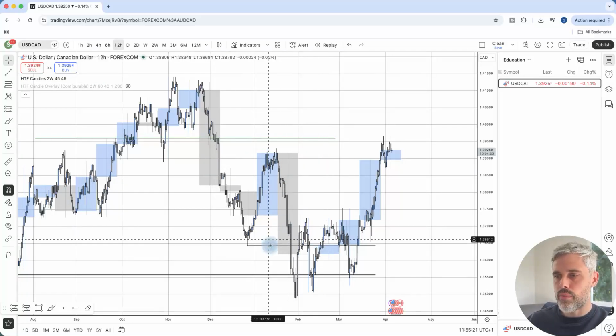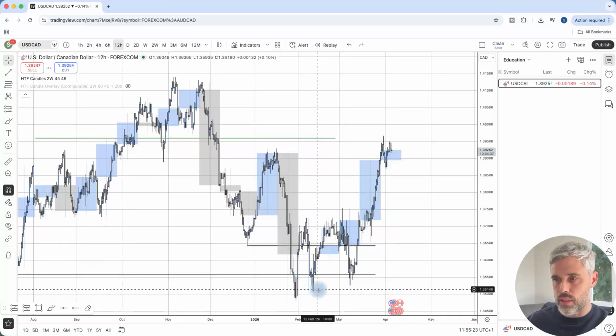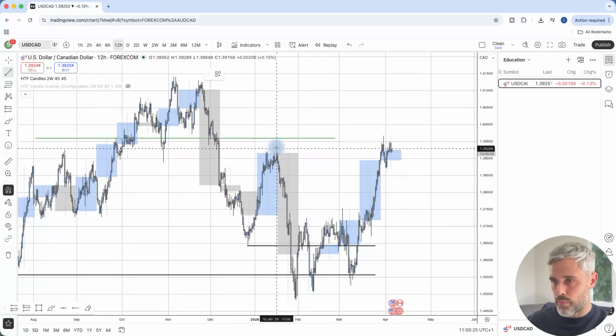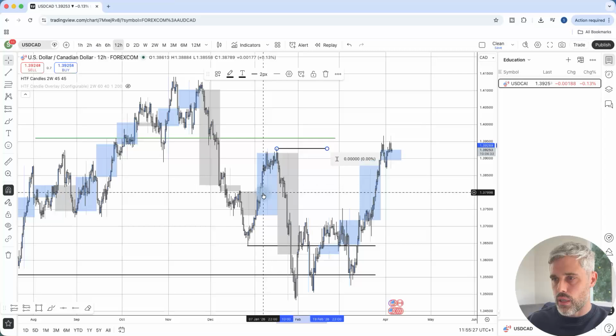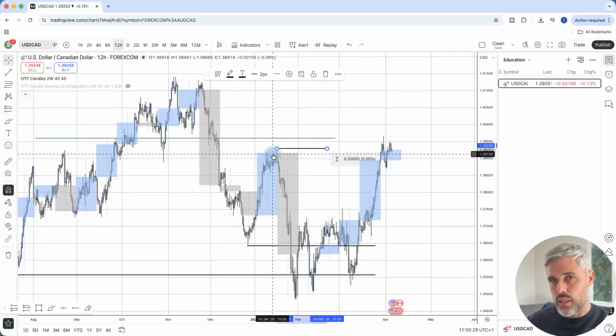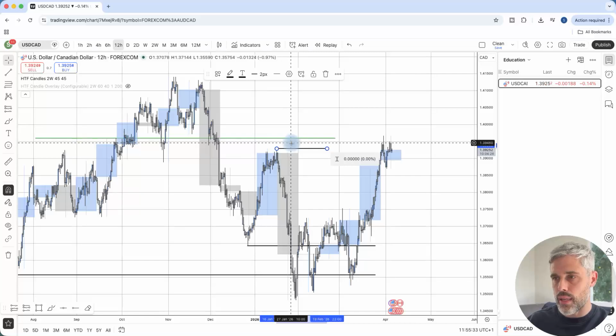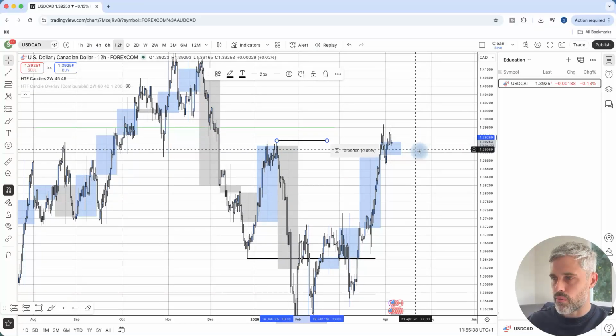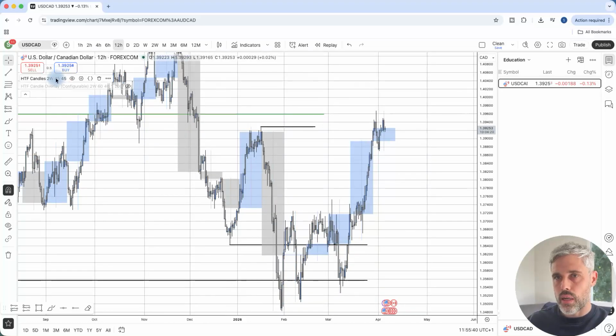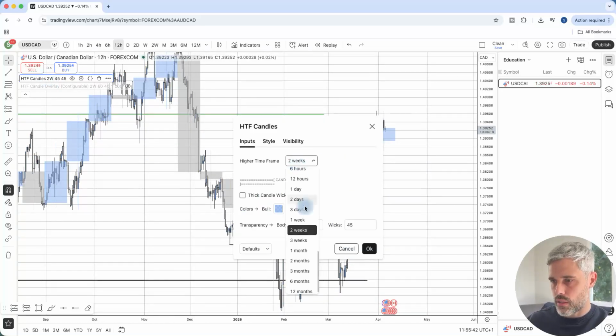So while we have the monthly saying lower, the 3-month saying lower, at this particular point when this candle closes, the 2-week is saying continuations higher. We should see price trade into at least the high of the previous range. But that doesn't happen. So what happens instead? Let's drop down another time frame.